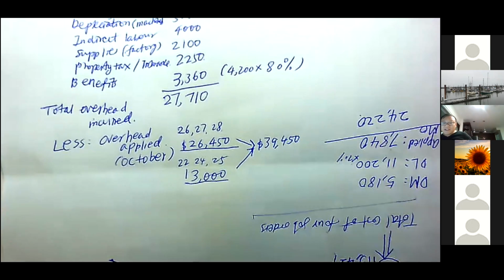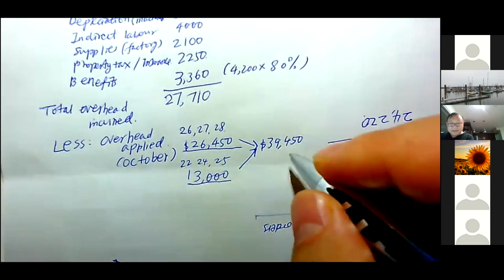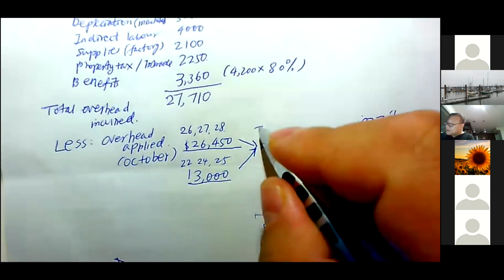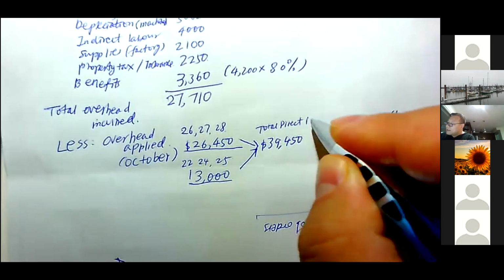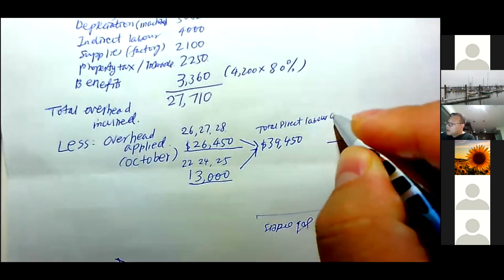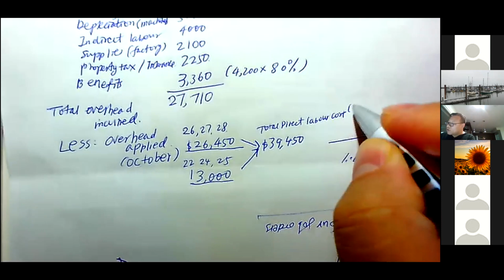Is this what you got? Yeah, that's right. This is the total direct labor cost for October.